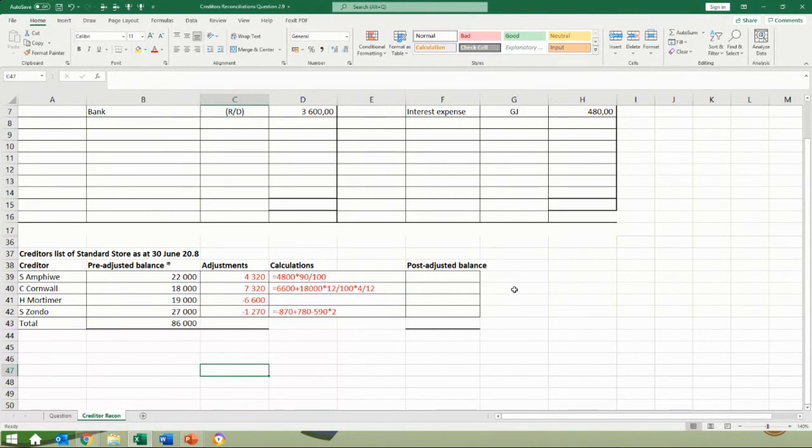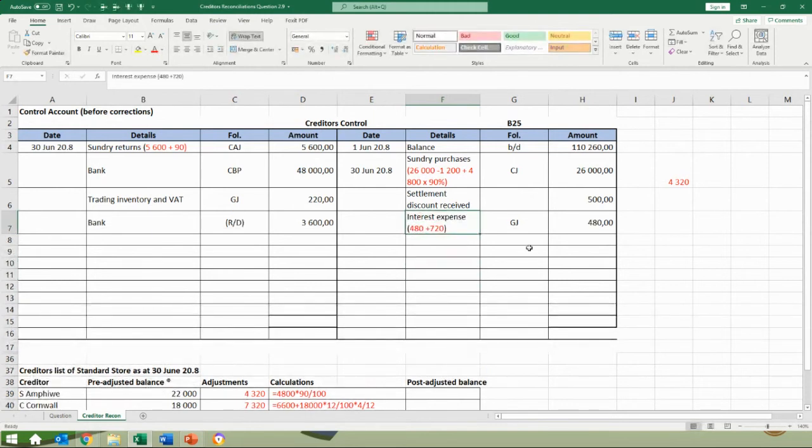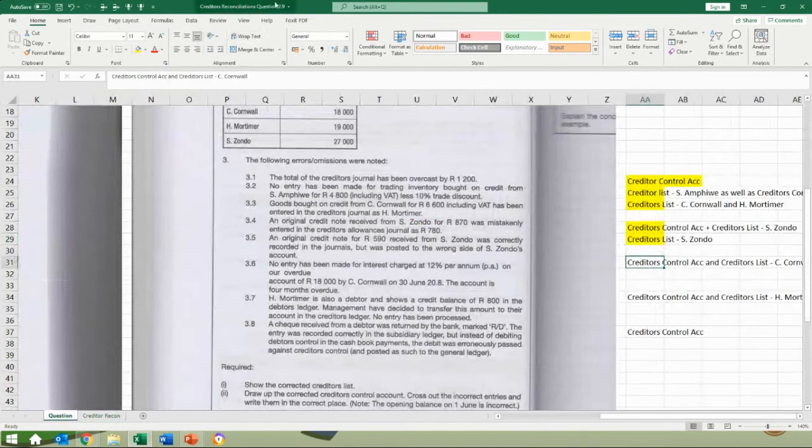And then the amount is 720, which I add onto my interest expense. So I will add that amendment also to the interest expense general ledger amount. Okay, so that's been accounted for.